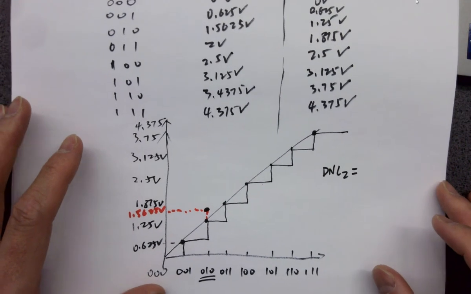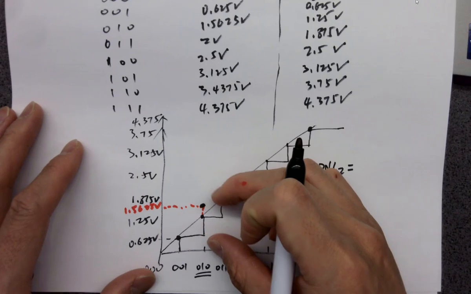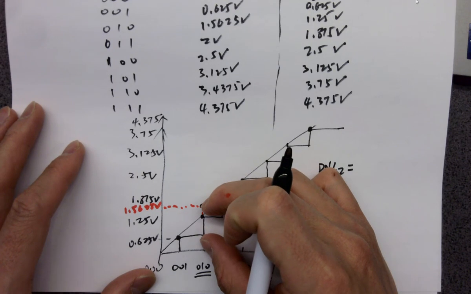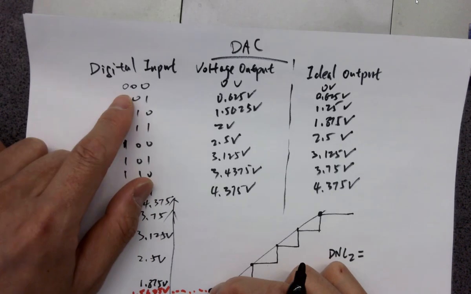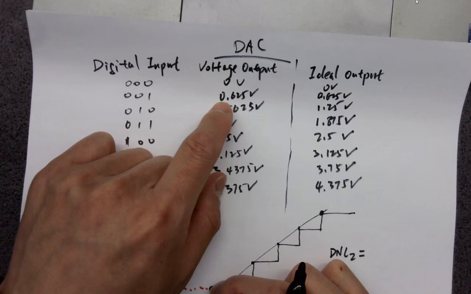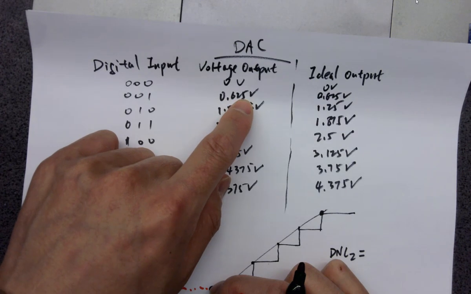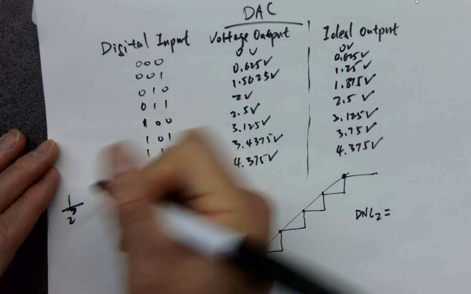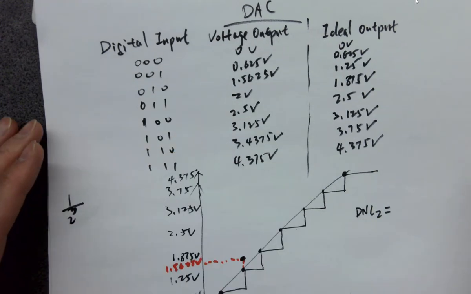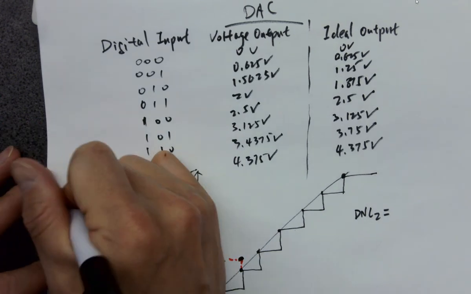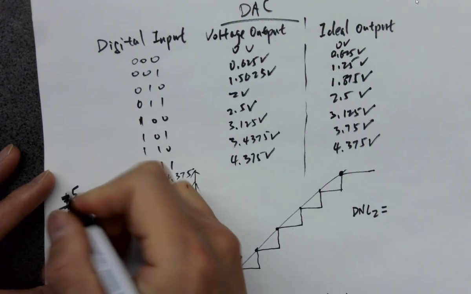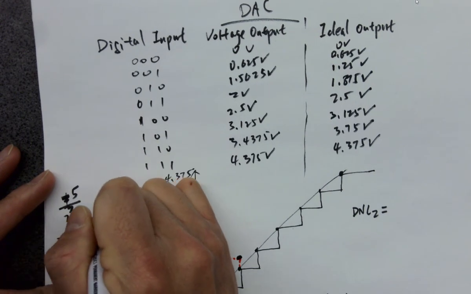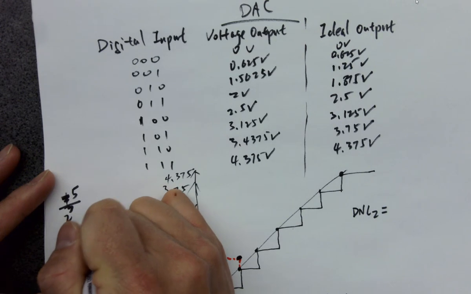DNL is the actual step size minus the ideal step size, which is 1 LSB. The 1 LSB in this 3-bit converter is going to be 0.625 volts.